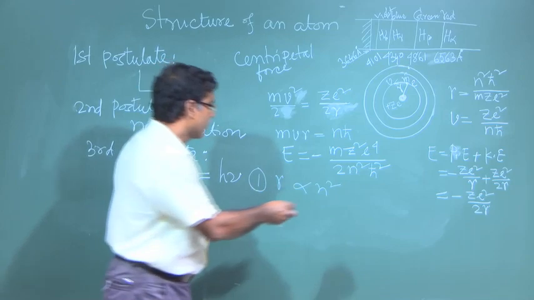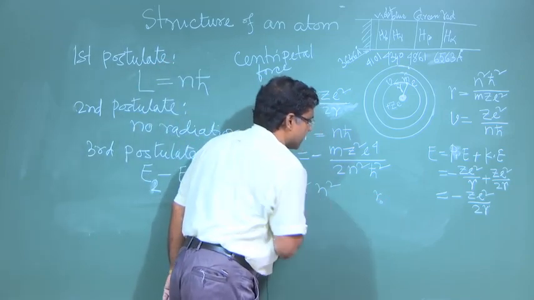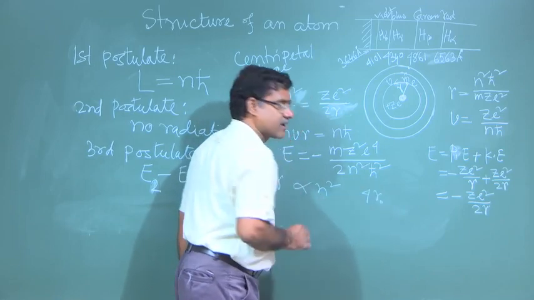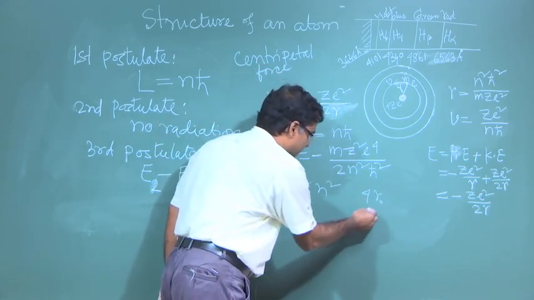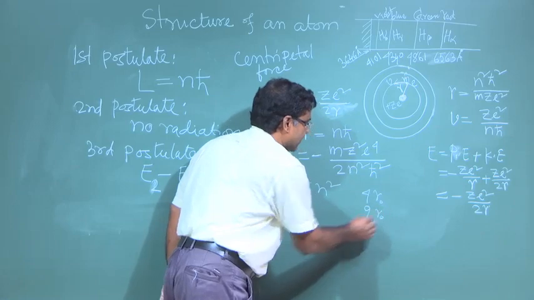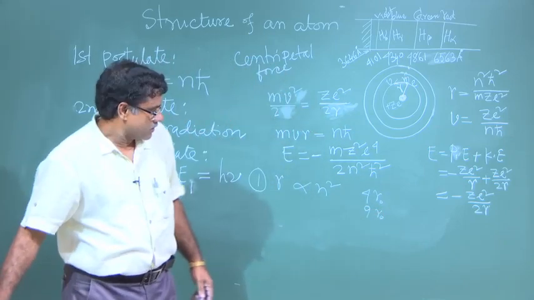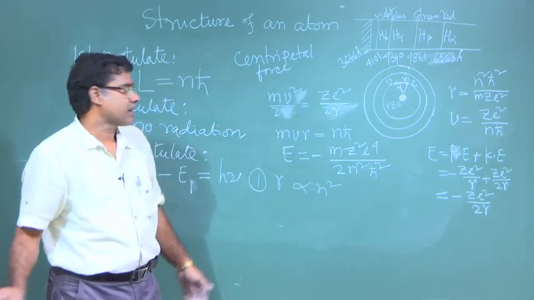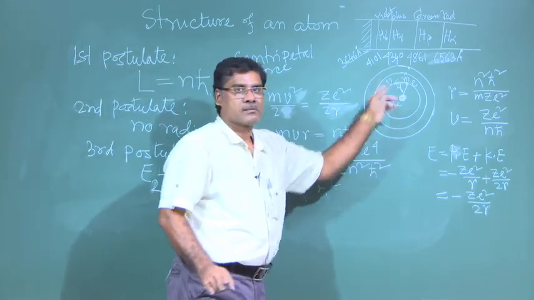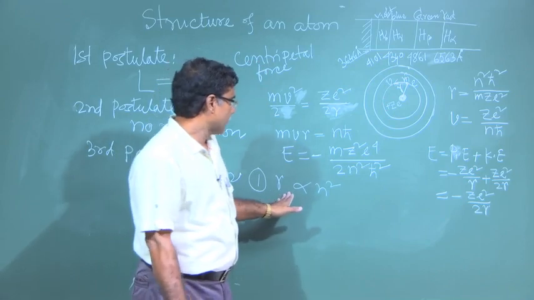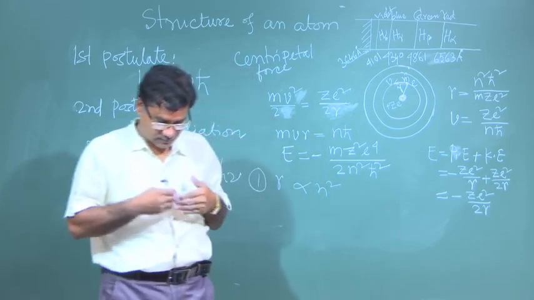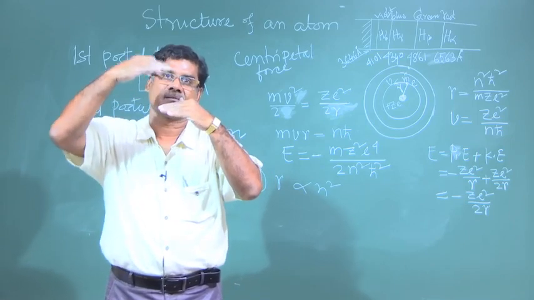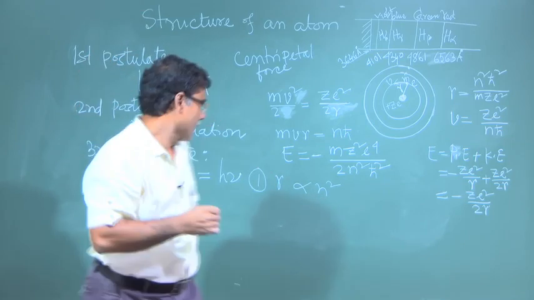Okay. So, for first orbit, if it is r0, second one will be 4 times of that one, third one will be 9 times of that one. Okay. So, one can draw the orbit, and one can just speculate how the radius of the orbits are varying.